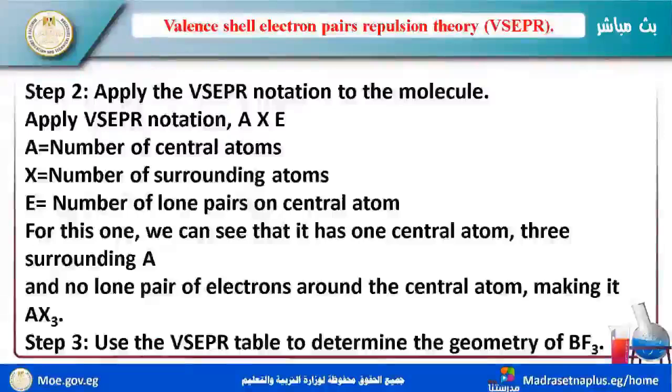For this one, we can see that it has one central atom, three surrounding atoms, and no lone pair of electrons around the central atom, making it AX3. Step 3, using the VSEPR table to determine the geometry of BF3.